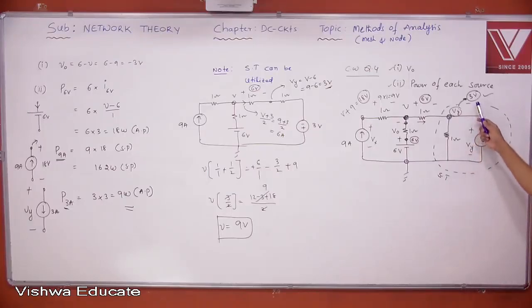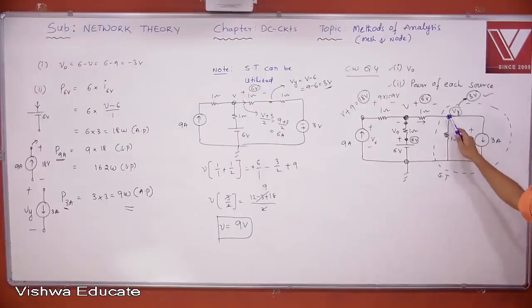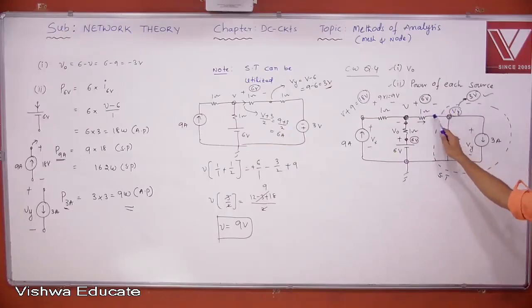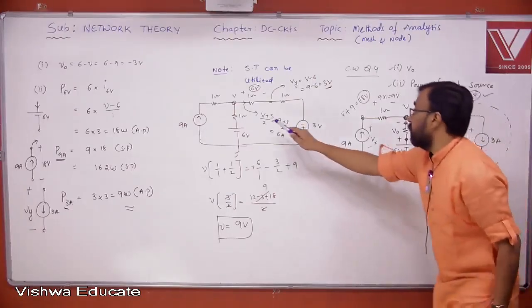So I think you understand how I determine the voltage across the current source. To find the power, we definitely require the voltage across it. To find the voltage here, which is nothing but the voltage at this node, I just jump from this point to this point. To jump, I need the voltage. To find the voltage, I need the current. I found the current here. Look at this.